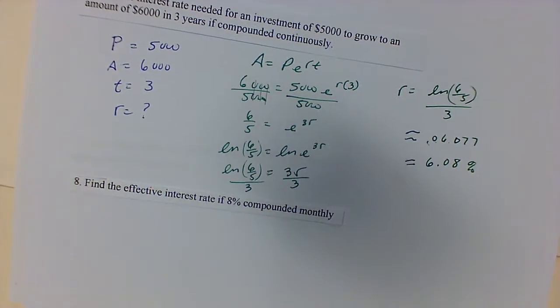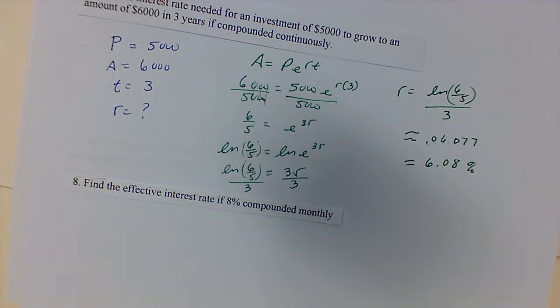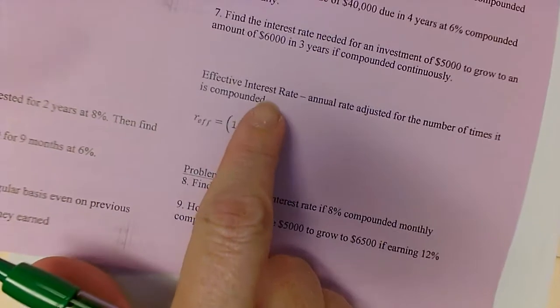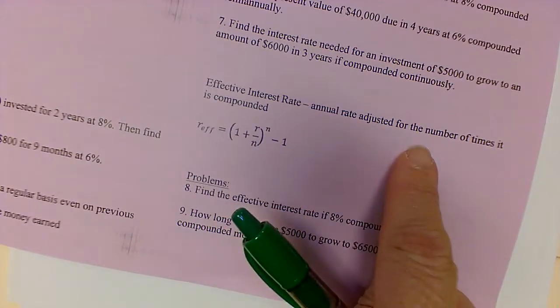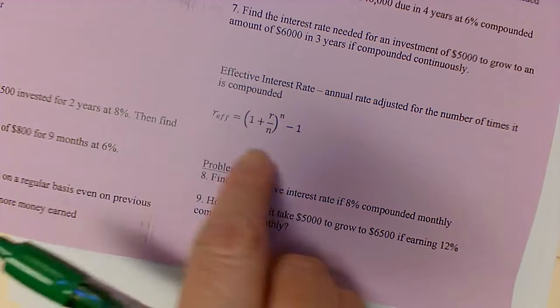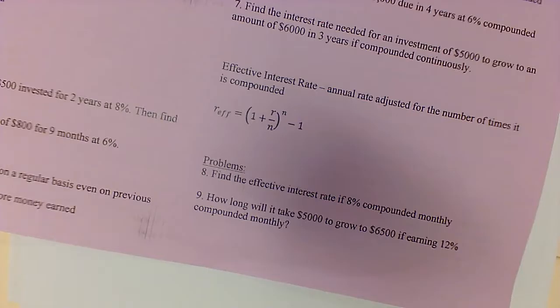The next problem that we're looking at is example number 8. And with number 8, we have a little bit that we need to cover on our handout about the effective interest rate. The annual rate adjusted for the number of times it is compounded. This is the formula that we will use to solve number 8.